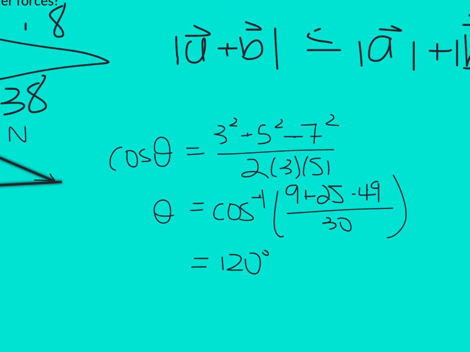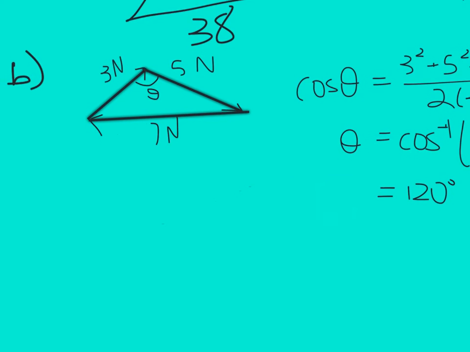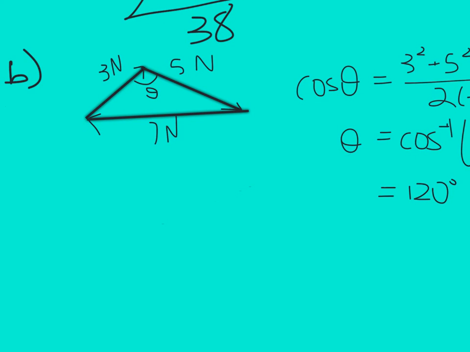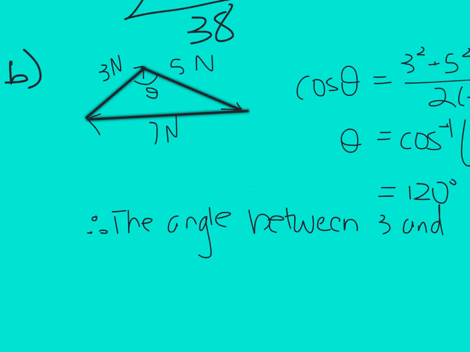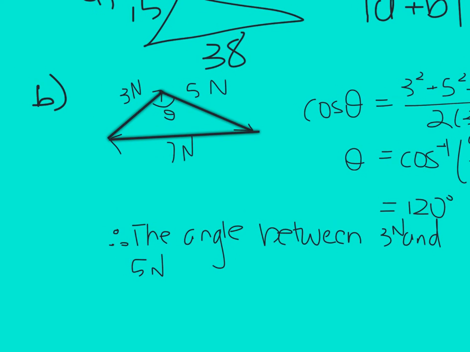So we can conclude, therefore, the angle between 3 and 5 newtons is 120 degrees.